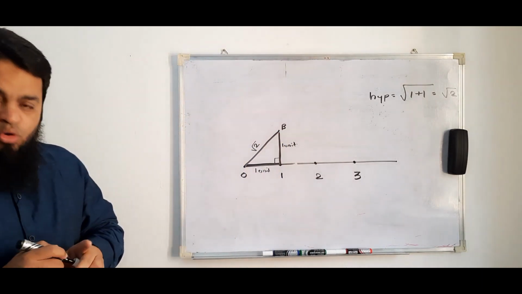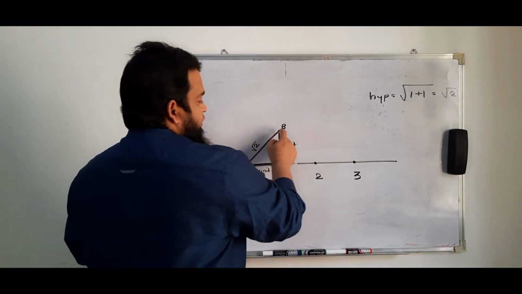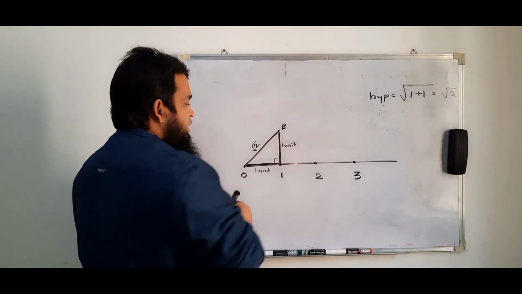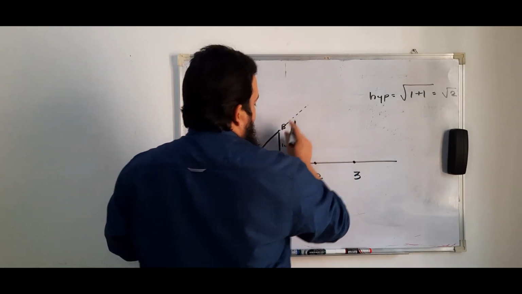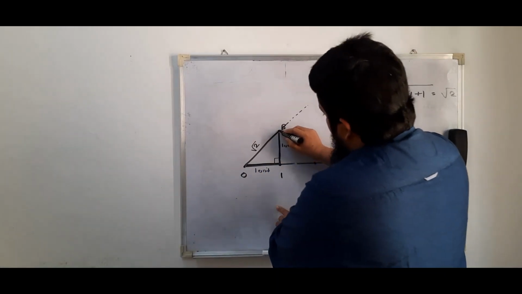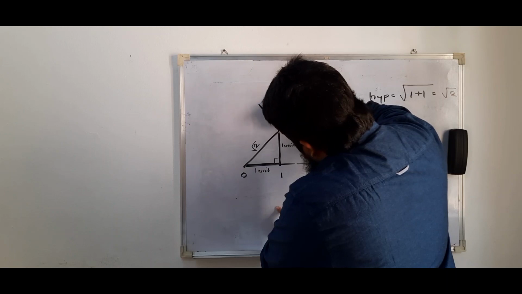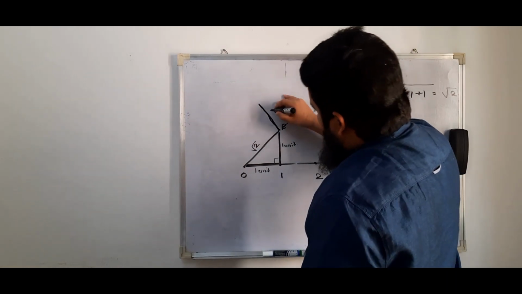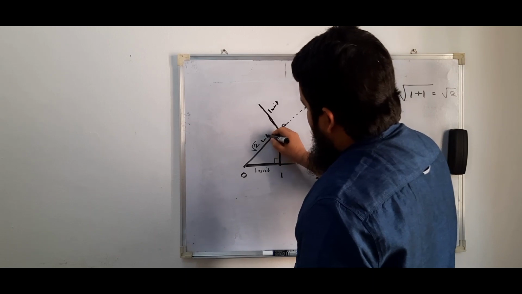Okay. Now let us draw a perpendicular line from this point. Okay. You have to extend it. You have to extend. And the same concept you use and draw a perpendicular line. So now I am drawing a perpendicular line of 1 unit. Okay. Straight. So this will be 1 unit. And here you have root 2 units.